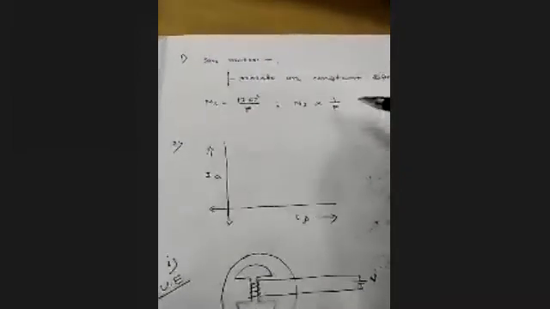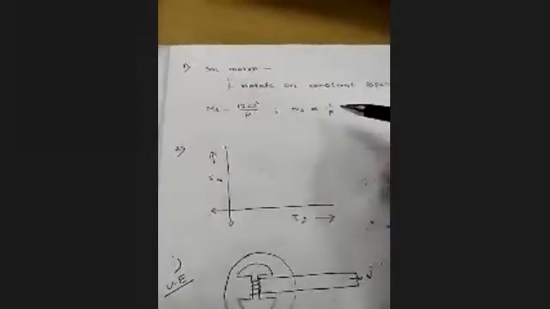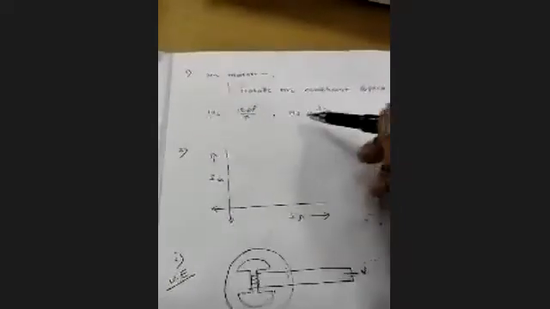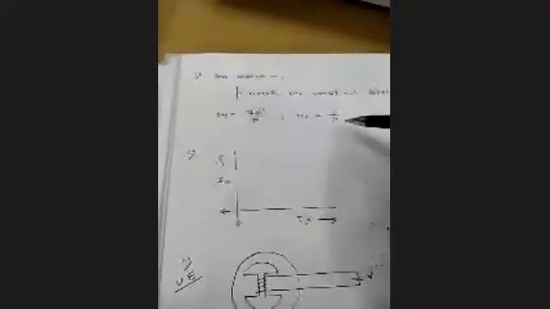If we increase the pole number, the synchronous speed decreases, and if we decrease the pole number, the synchronous speed increases. That is the inversely proportional relation between Ns and P.